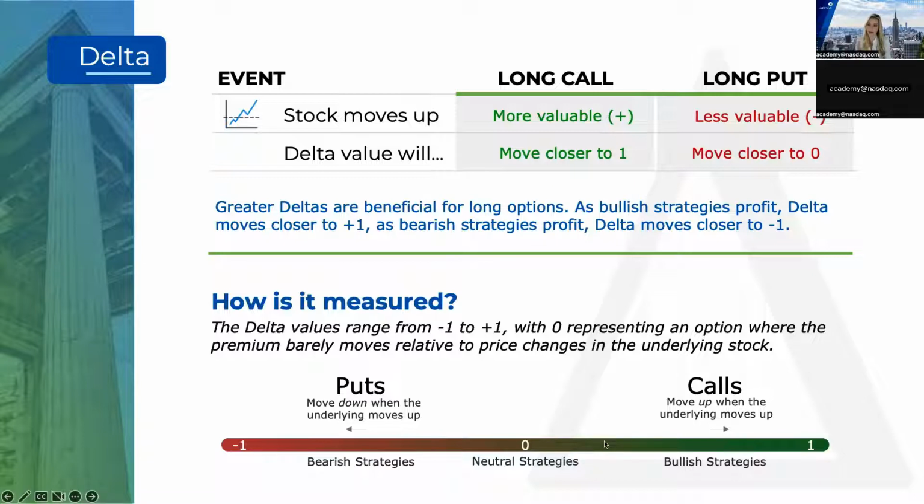If I'm buying a call, I want delta to get here. If I'm buying a put, I want delta to get here. And something happens, and we'll talk about that, but that's the goal. That's what the Greeks will tell us, and that's what the option does. So as your strategy profits, delta values are essentially greater.